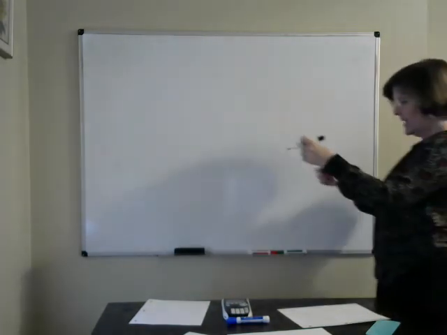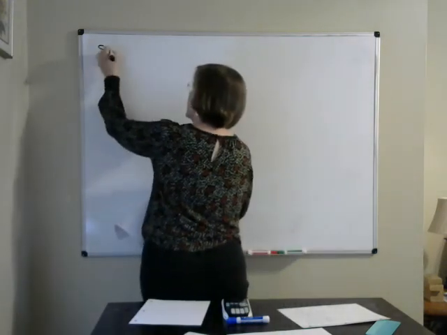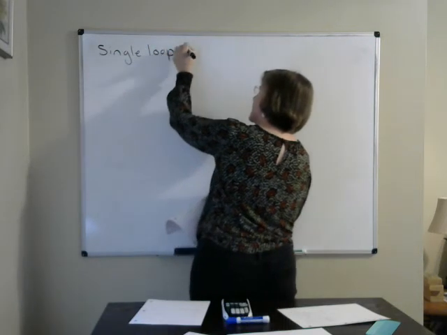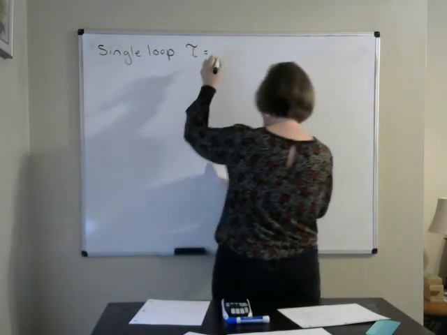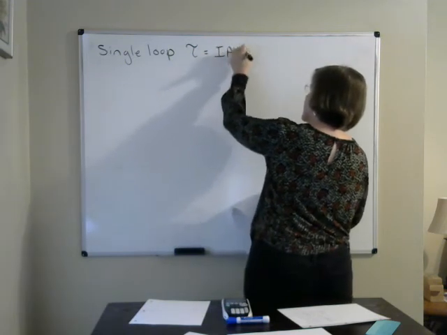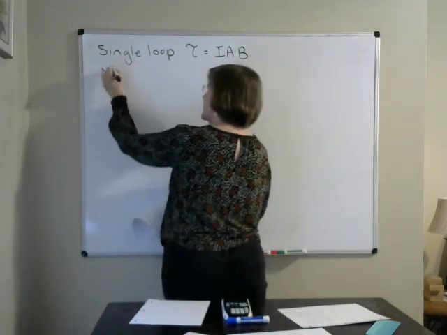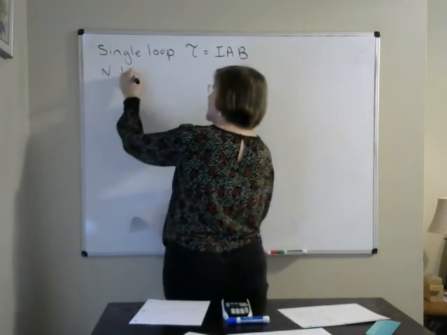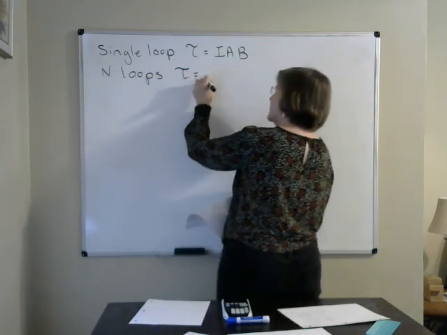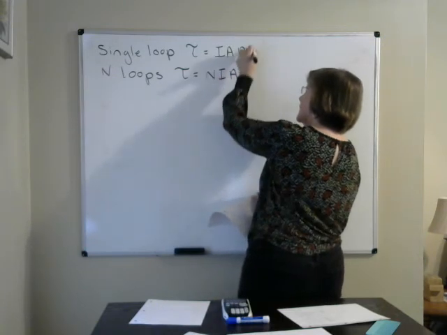But what we're going to find is, for a single loop, that torque is equal to IAB. If we have lots of loops, we have N, that's the number of loops, then our torque is going to equal NIAB.